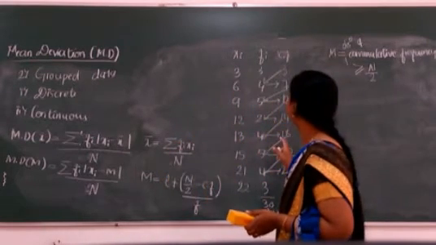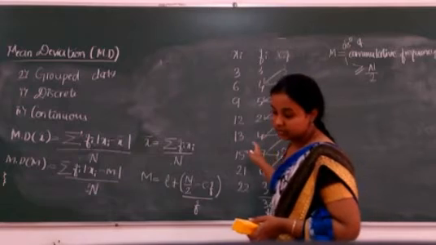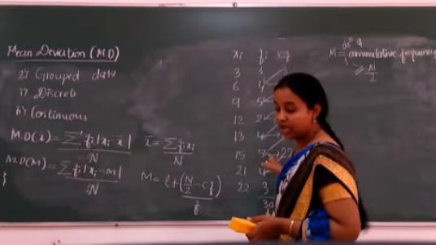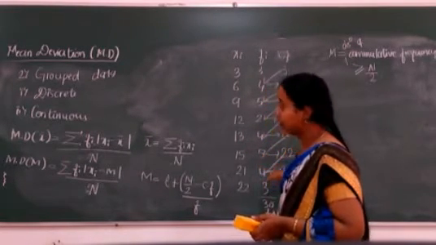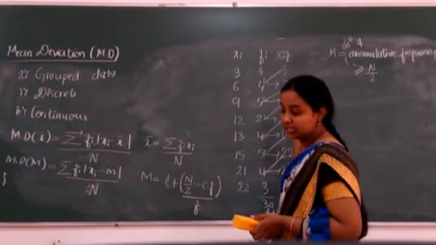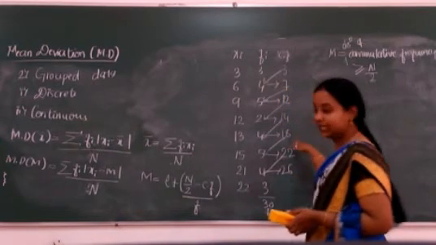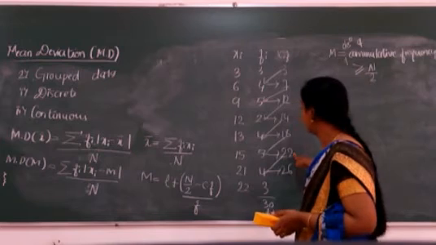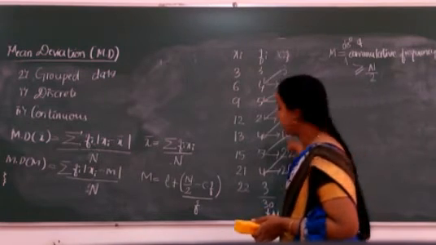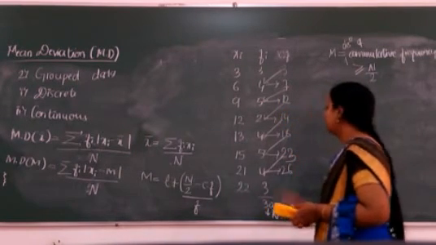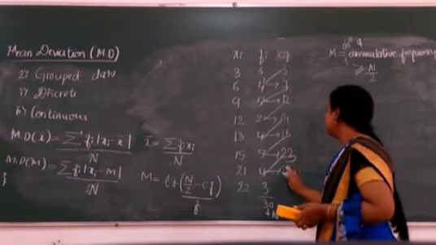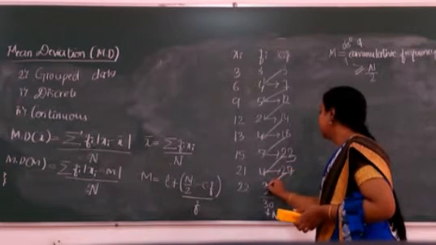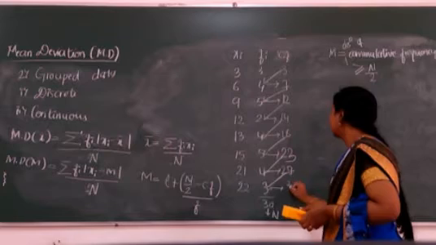The frequencies are 3, 4, 5, 2, 4, 5, 4, 3. So when we add, it is 3, 7, 12, 14, 18, sorry, 23. 23 plus 4 is 27. 27 plus 3 is 30.